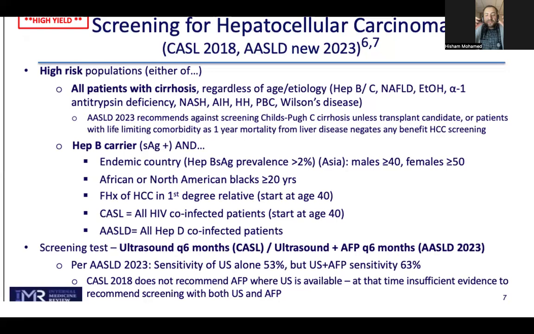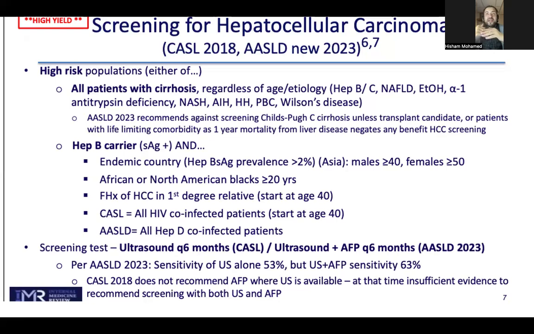For Child C, you can screen if the patient is a transplant candidate or has life-limiting comorbidity, so he will get benefit from HCC screening.